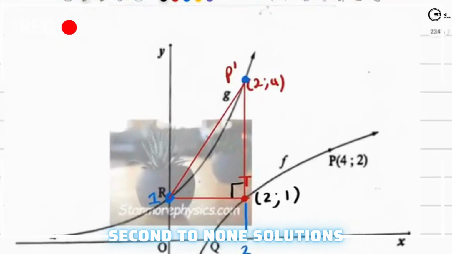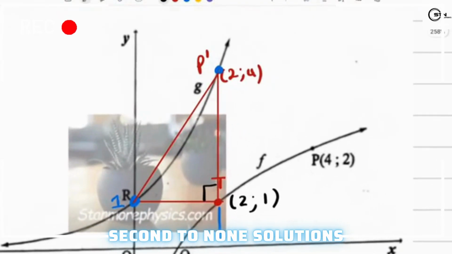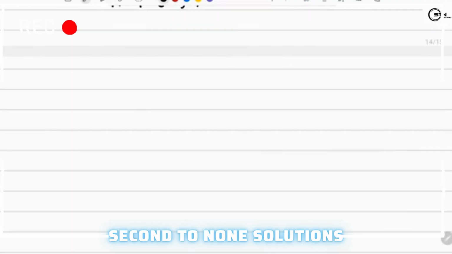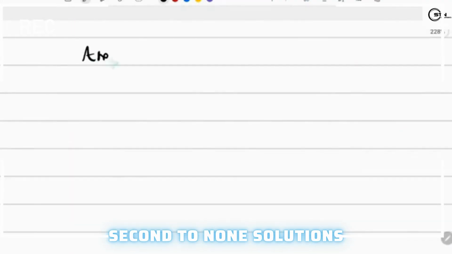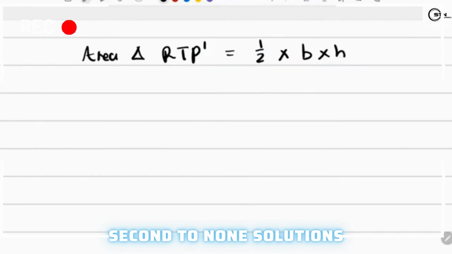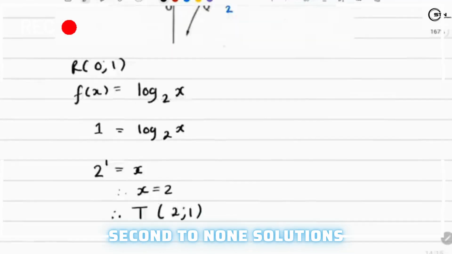They asked us to find the area, and we can use the rule 1/2 times the base times the height. That's what we can use. So I'm saying the area of triangle RTP is equal to 1/2 times our base times our height. So we just have to find the base and the height.